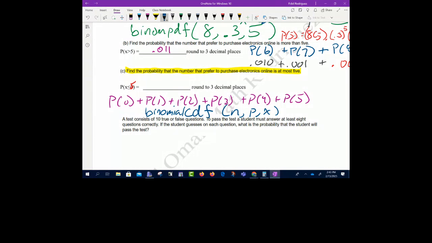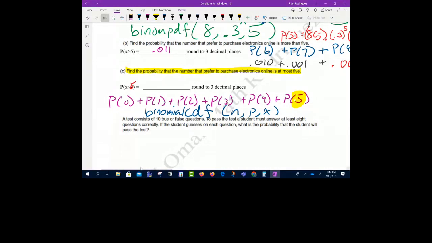Now, you might say, but which is the x that I use? The x we're going to use, y'all, is going to be the biggest one that we have. Binomial CDF says we're finding the binomial distribution for a cumulative thing, everything from the beginning all the way until whatever our last number is. That's what the letter C stands for, cumulative, okay? Like we're adding them all up.